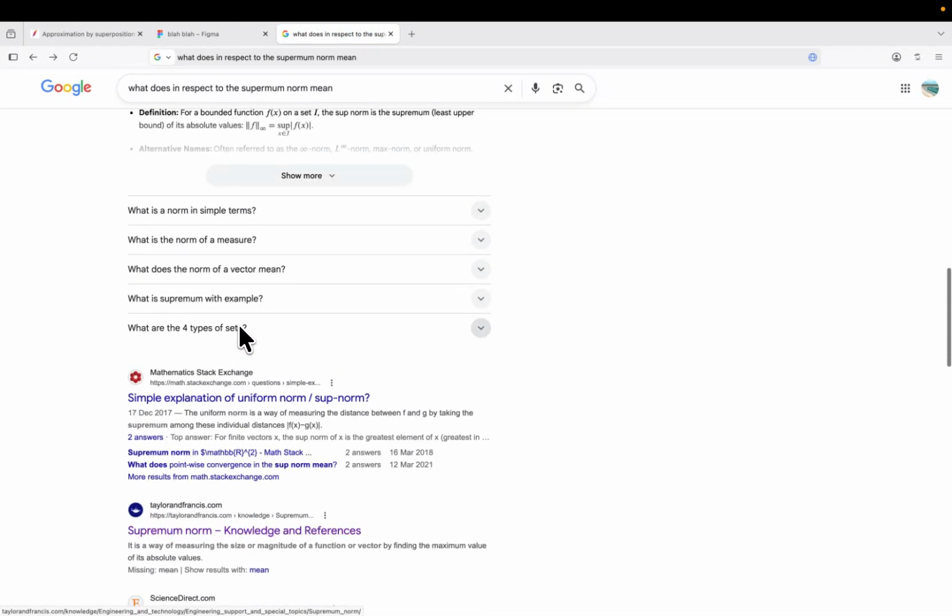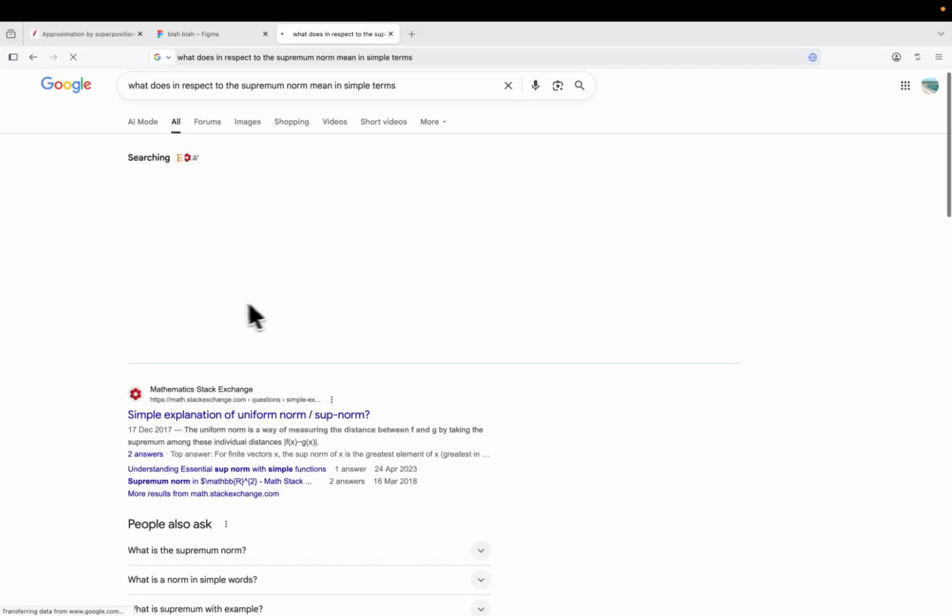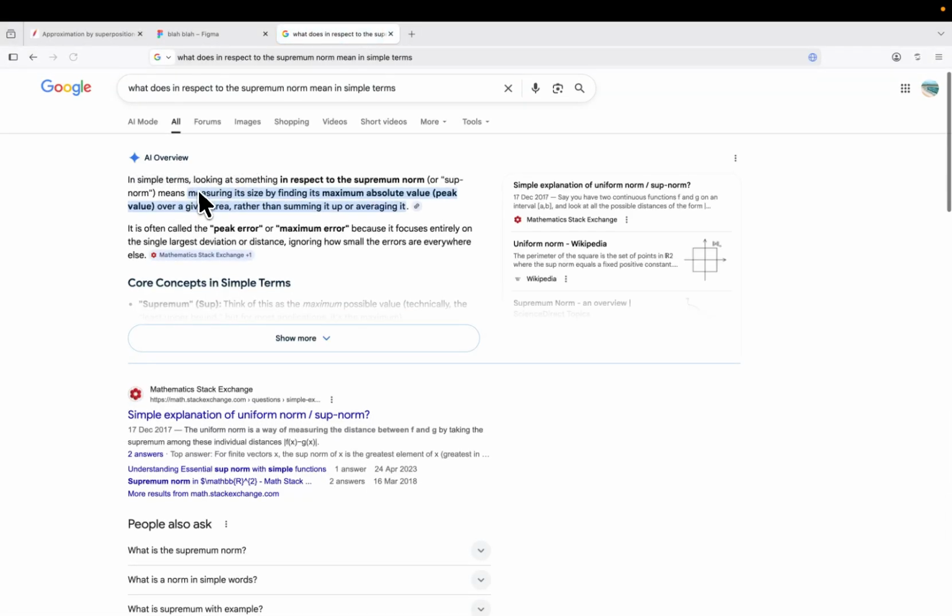I'm sorry. In simple terms, it means measuring its size by finding the maximum absolute value over a given area rather than summing up or averaging it.